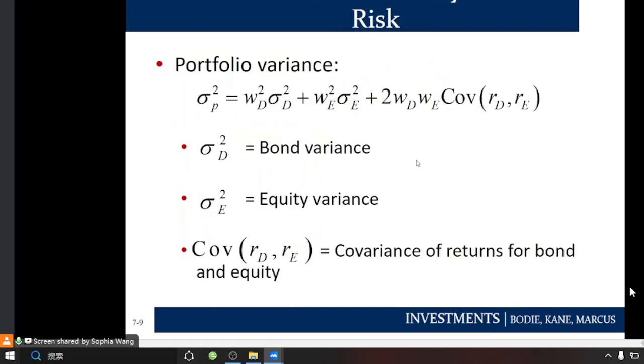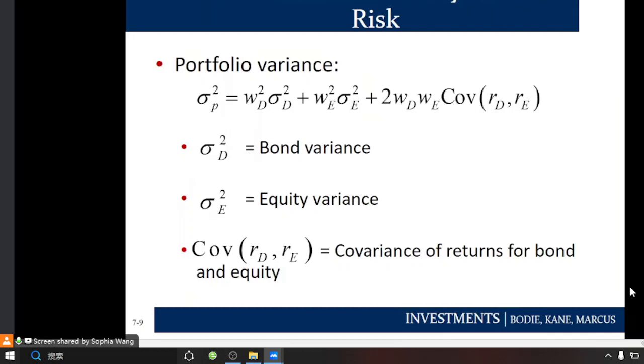But if you want to calculate the variance, it's not so easy as in the previous chapter, because there we calculated the variance and expected return just between a risky asset and the risk-free asset. That was linear, because the risk-free asset has no risk, so you only need to consider one factor, the risky asset. But in this case, we have 2 risky assets, so calculating the variance is more complicated.